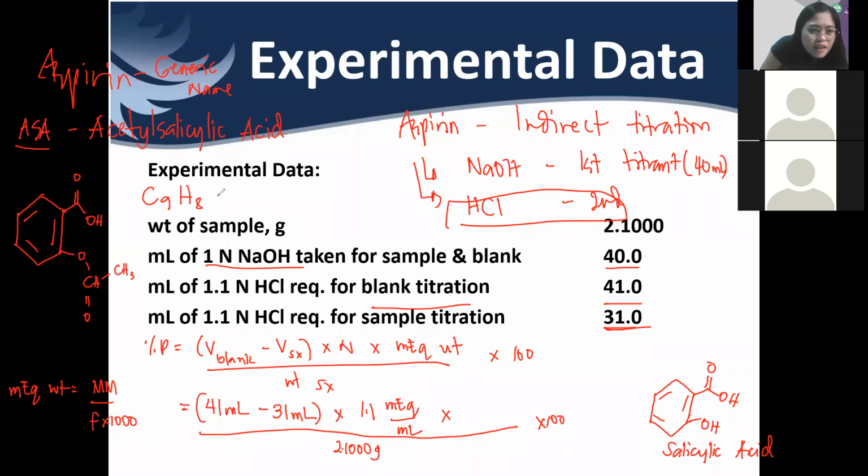That's 8. C9H8O4 yung ating molecular formula of aspirin.